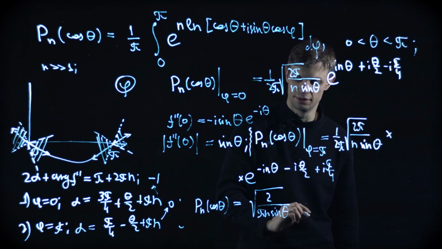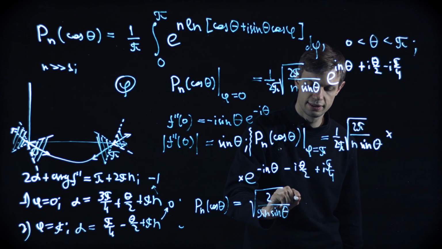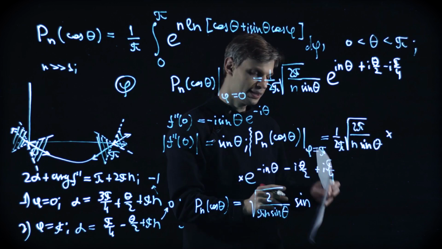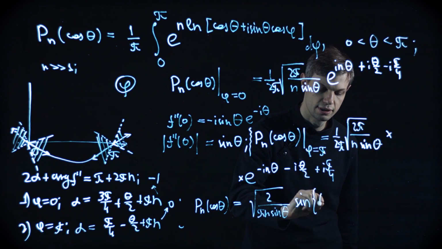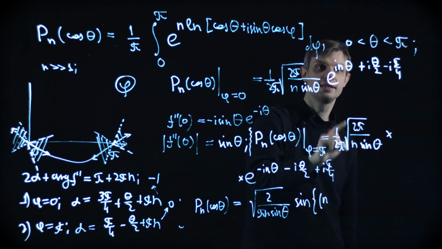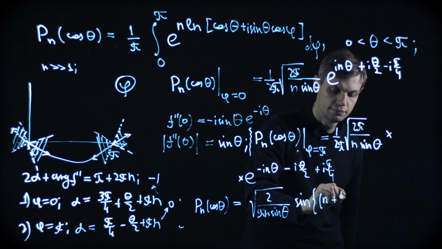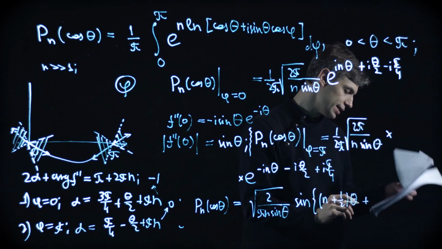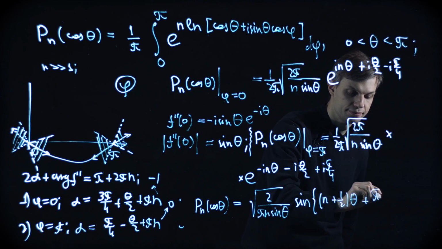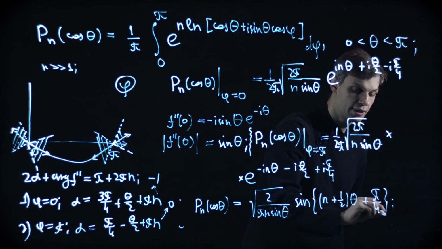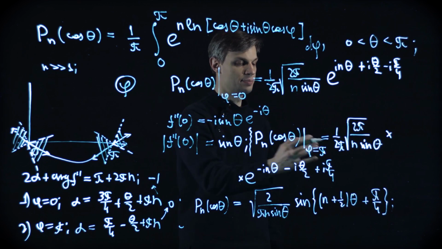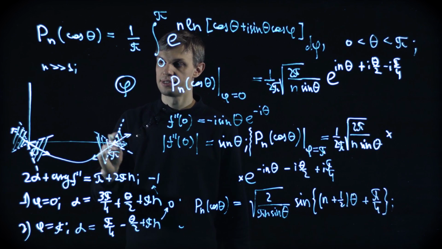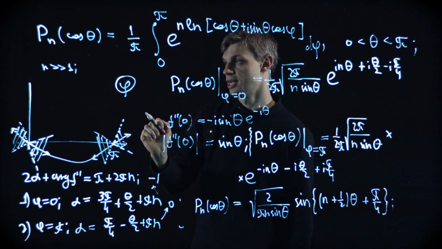So this is this root, and then I write this cosine in terms of sine: sine of (n plus 1/2) theta plus pi by 4. So that's it. This is the asymptotics for Legendre polynomials for large values of their index.